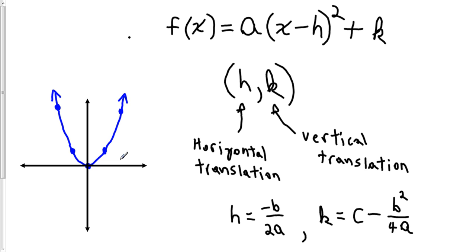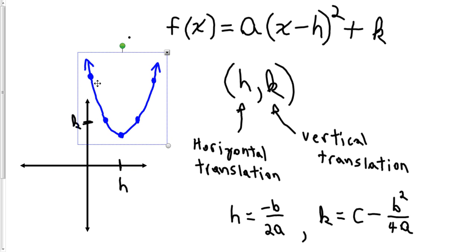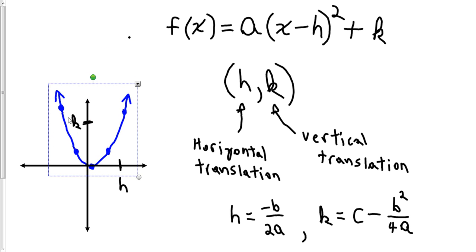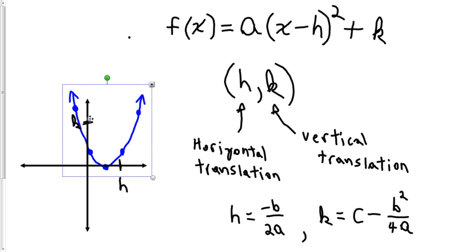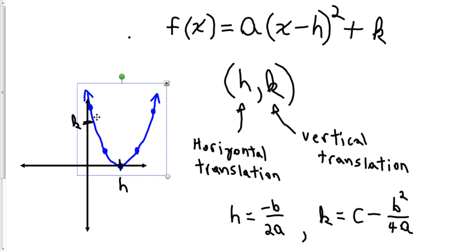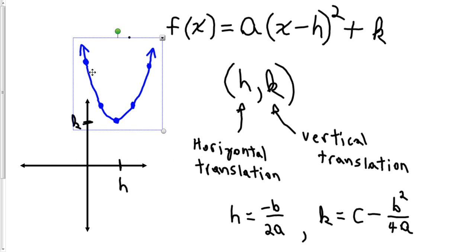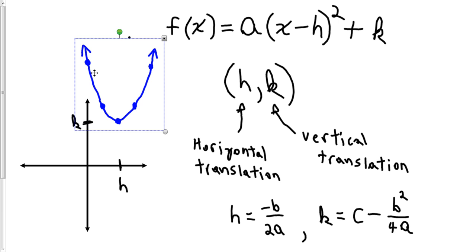Instead of having its vertex at the origin, the vertex would move h units horizontally and k units vertically, and that's where the new vertex for the parabola would be.